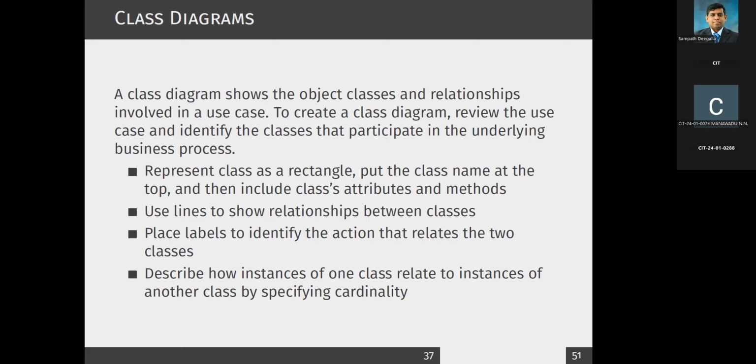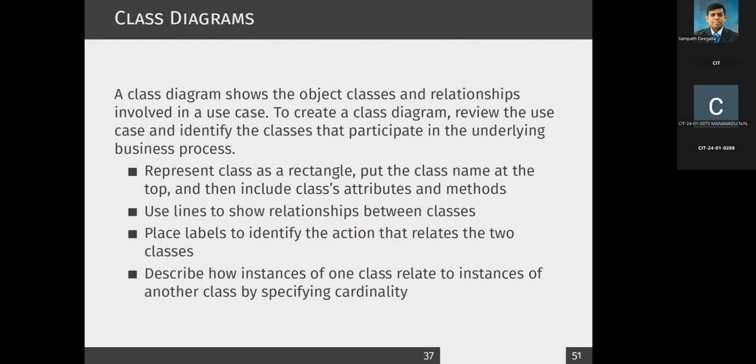Let's say the relationship is borrow, right? So members borrow books. Book is a class, and member is a class. You draw an arrow that indicates that we have a relationship between a member and a book, and then we can label the relation, saying that you borrow.